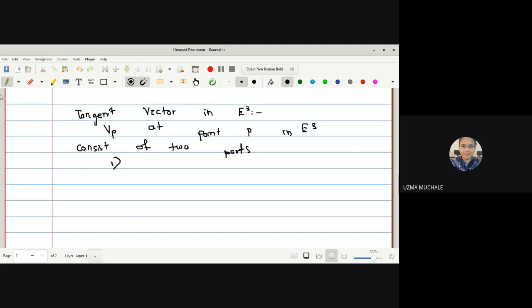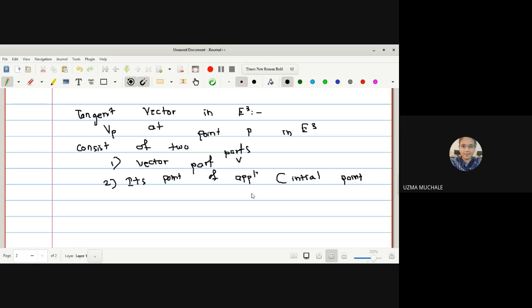The first one is the vector part V, and the second one is its point of application, or we can say its initial point.